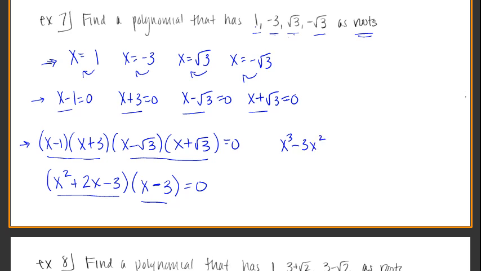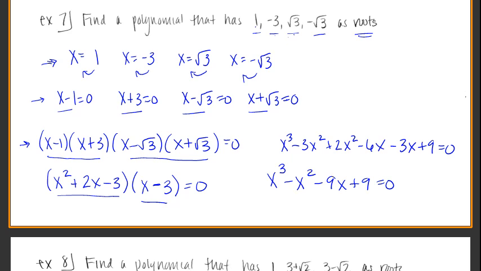And let's go 2x times x is 2x squared, minus 6x, minus 3x, plus 9 equals 0. And then just finishing up, combining some like terms, we have an x cubed, a negative 3x squared, and a positive 2x squared will be a negative x squared. And negative 6x minus 3x is a negative 9x, plus 9 equals 0.